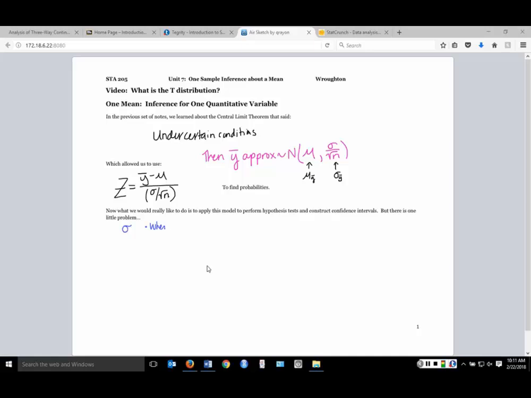So when we perform our hypothesis test, we will have an idea for what to use for our mean.